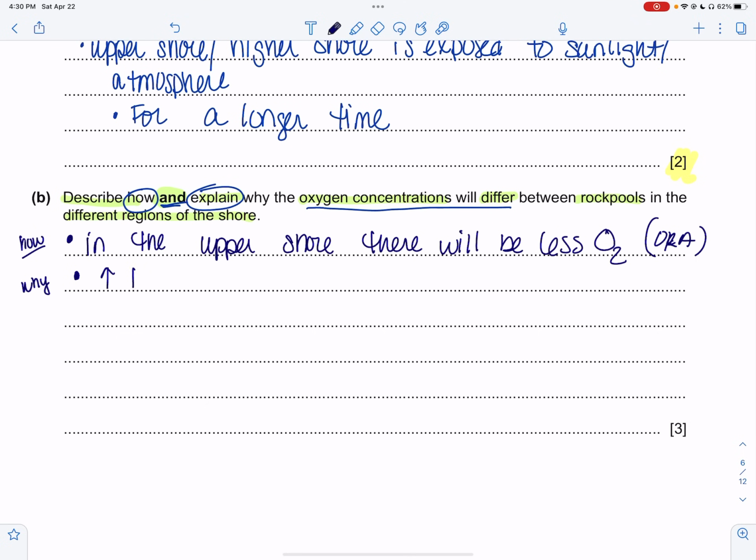A couple reasons. You're going to have higher temperatures. And on Monday, we're going to write temperature, not temp. And this makes O2 less soluble.